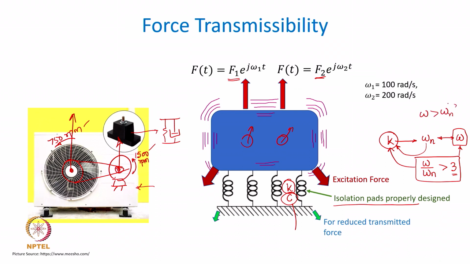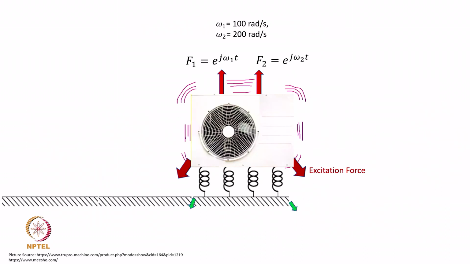That is what we are ultimately going to aim at. So, for c, you just have to ensure that it is not too high. Okay. That is the intention of these two parameters, so that finally, we get a reduced transmitted force. Now, we are going to look at the situation.